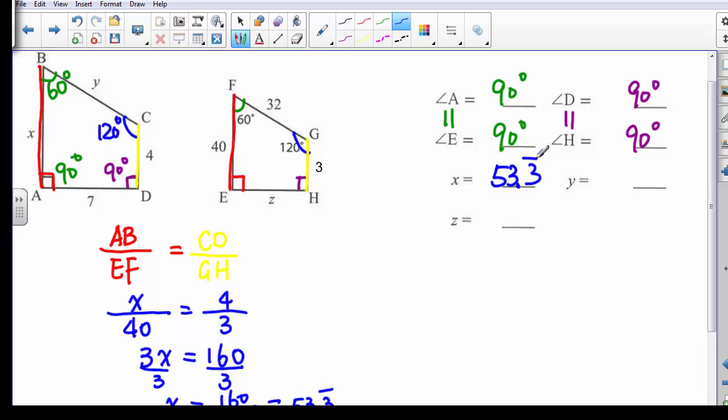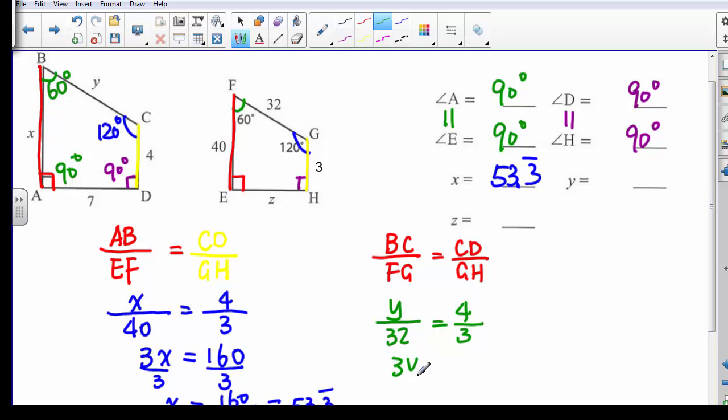So let's find the y length. Y is BC. BC corresponds to FG. Since these two polygons are similar to each other, this ratio must be equal to CD over GH. Let's substitute all the given lengths into this proportion. BC is y, FG is 32, CD is 4, GH is 3.